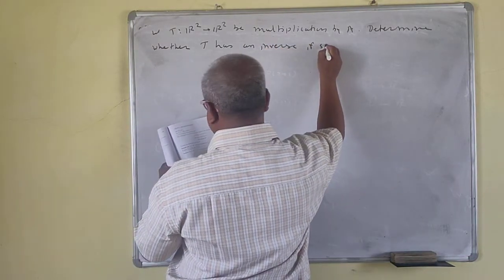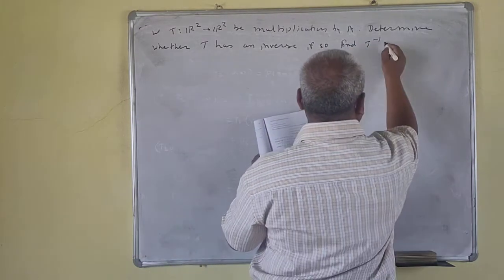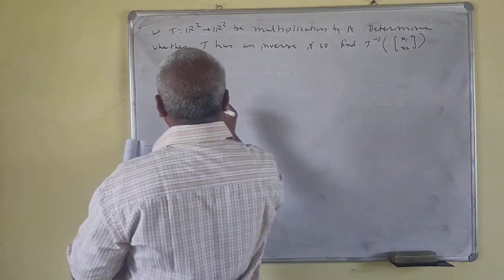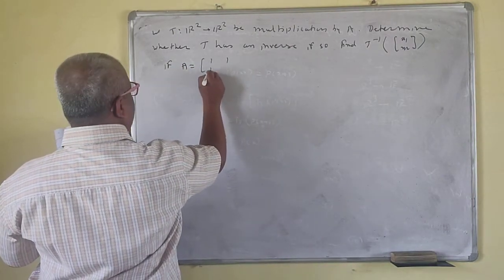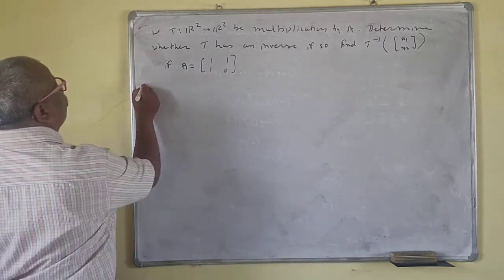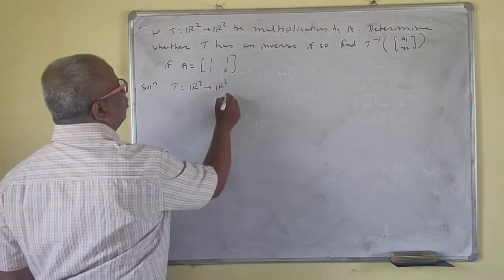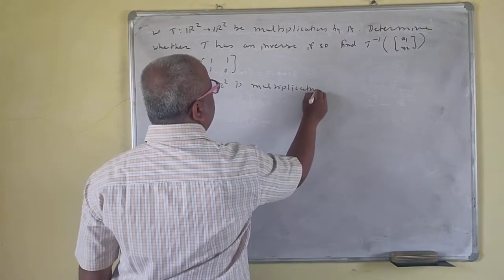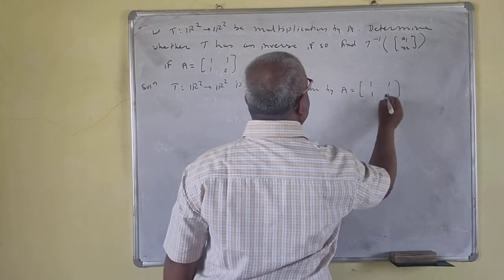If so, find T inverse of (x1, x2), if A is equal to [1 1; 1 0]. Okay, solution. T from R2 to R2 is multiplication by A equal to [1 1; 1 0].